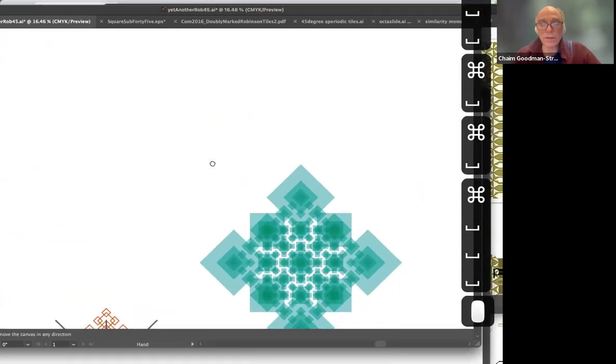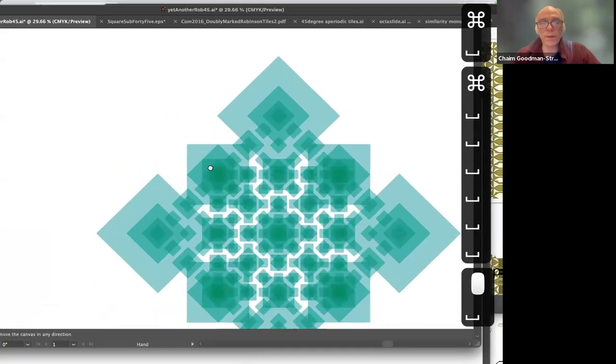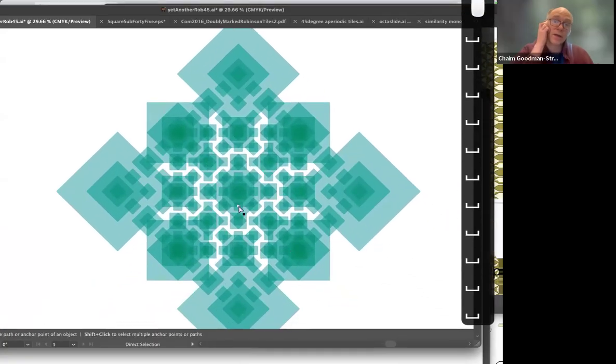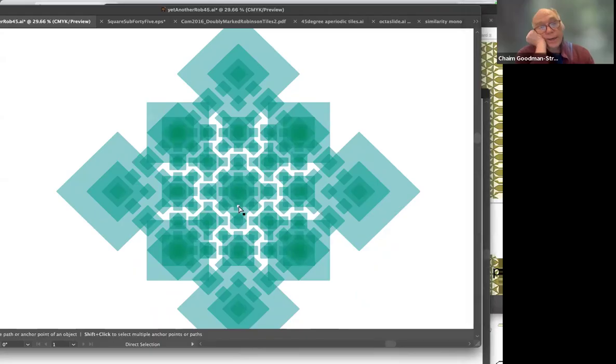Occasionally you get something that I think is just appealing in its own right. But this also shows the idea. So this tile in the middle here, maybe that's the one we're looking for. I'll come back to this question in a bit.